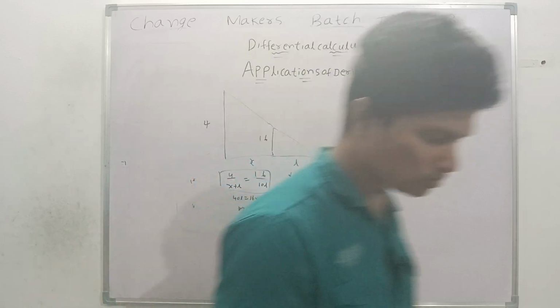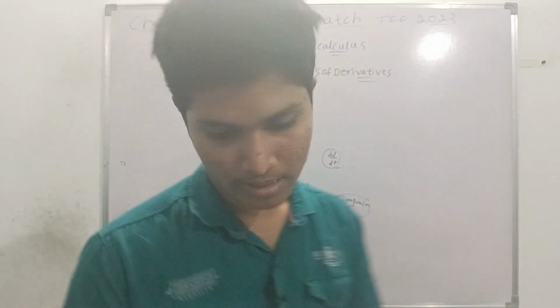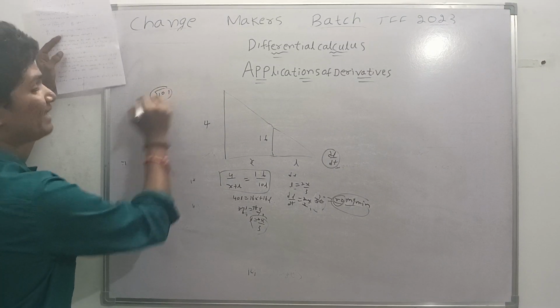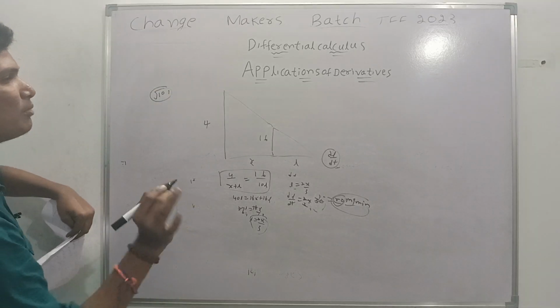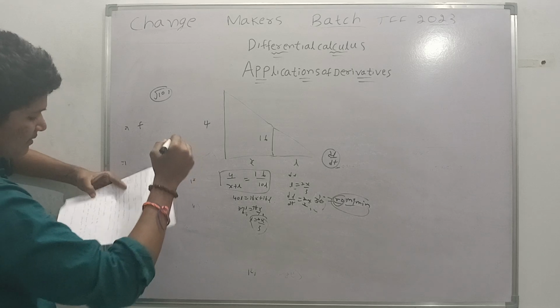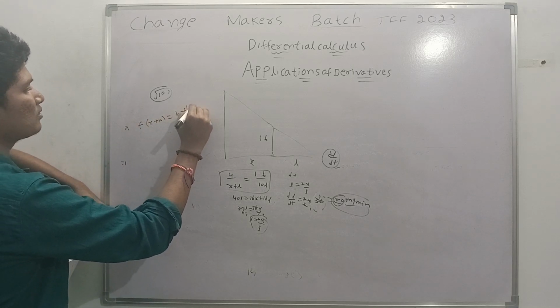And also, I will discuss another question. If you take root 101, there is a principle in differentiability that I already explained to you. That is, f of x plus h equals f of x plus h into f dash x.